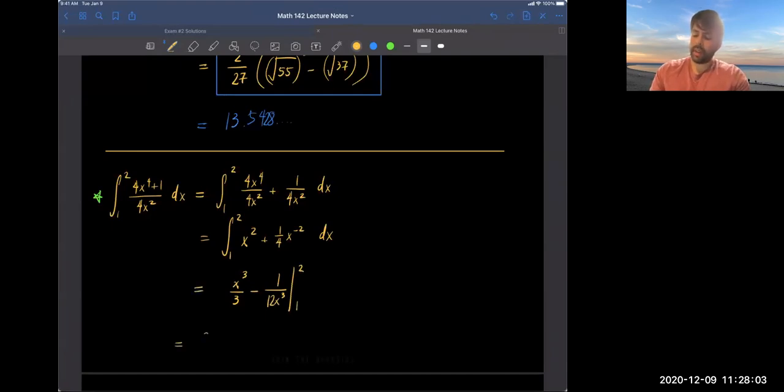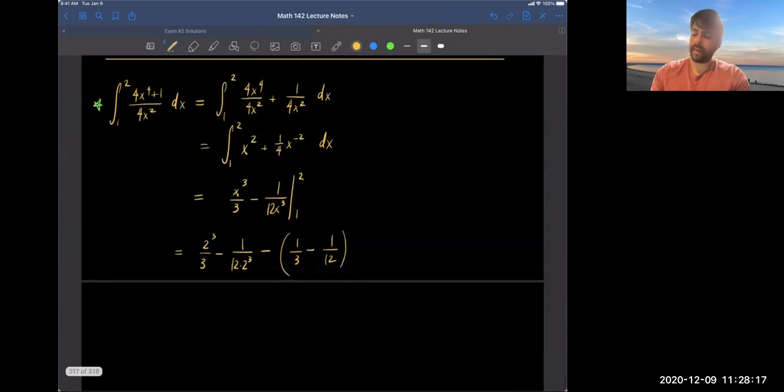So when I do that, I get 2 cubed over 3 minus 1 over 12 times 2 cubed, minus the parentheses 1/3 minus 1 over 12. So this is 8 over 3 minus 1 over 12 times 8 is 96, minus a third plus a 12th.